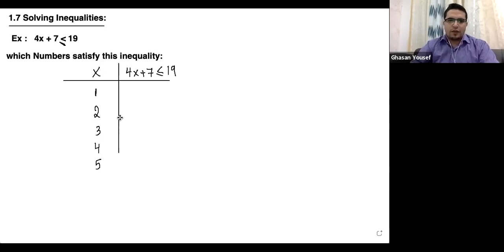Okay, who will plug number 1 inside the inequality? When I plug 1 inside the inequality, what do I get? Amar said I'm going to get 11, less than or equal to 19.